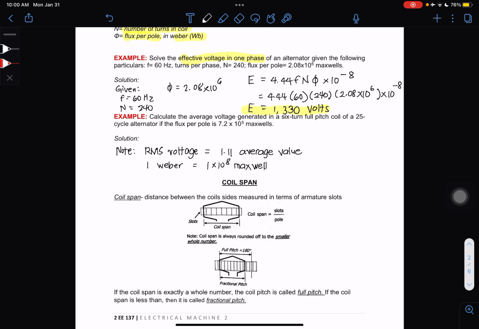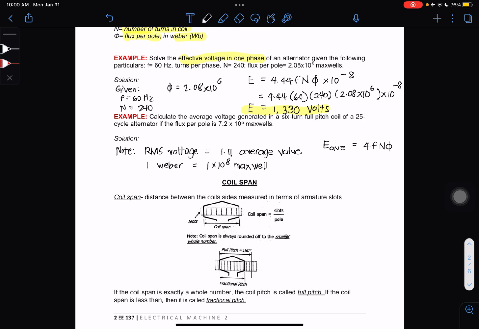So to solve for our average voltage, we have our formula. E average is equal to 4 multiplied by F, N, and angle phi.